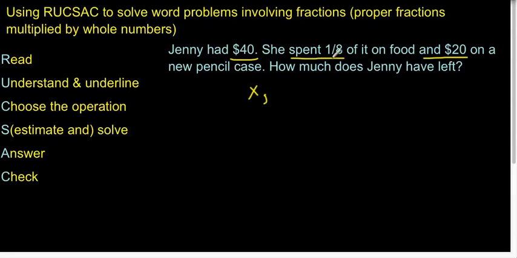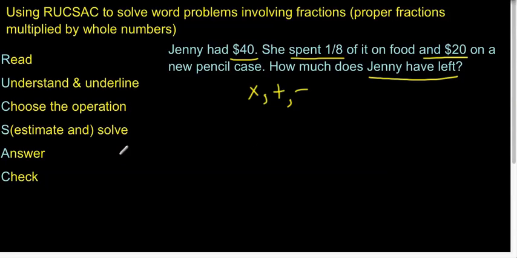Then we're going to get an answer from this, which will then need to be added to the $20. So there's going to be some addition, and then we have to find out how much Jenny has left. And that means that we're going to have some subtraction. So there are going to be 3 calculations there.